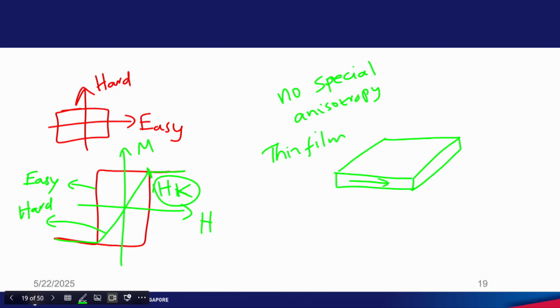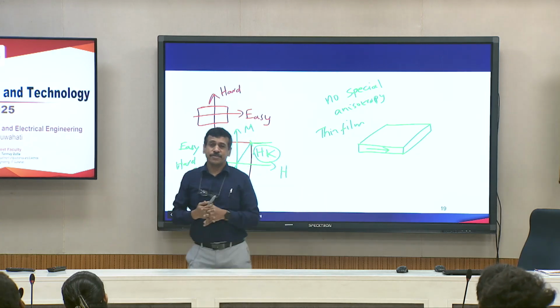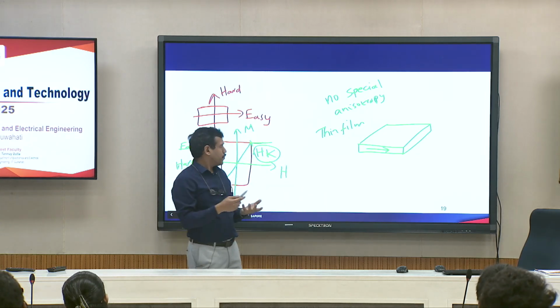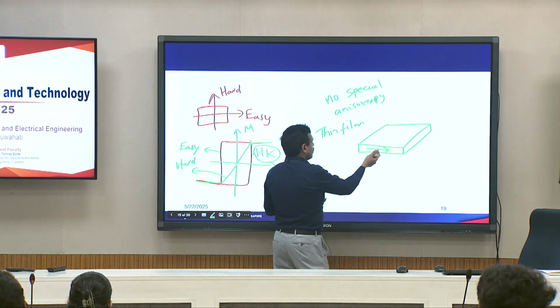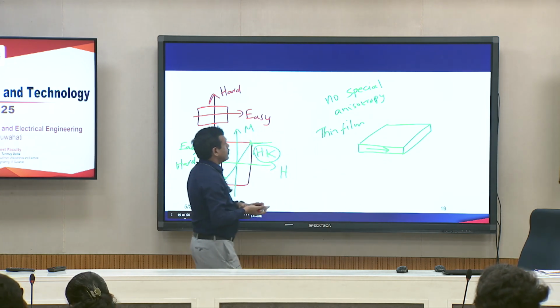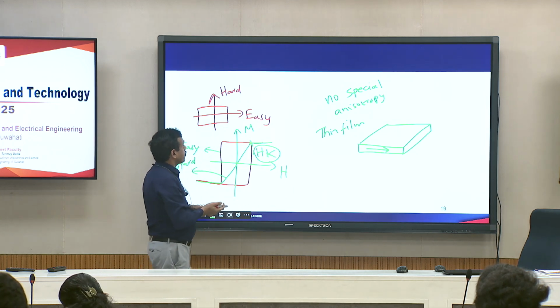And this is a thin film. So, what makes the magnetization lie parallel to the film surface? Shape anisotropy, right. So, shape anisotropy will make the magnetization parallel to the in plane direction.